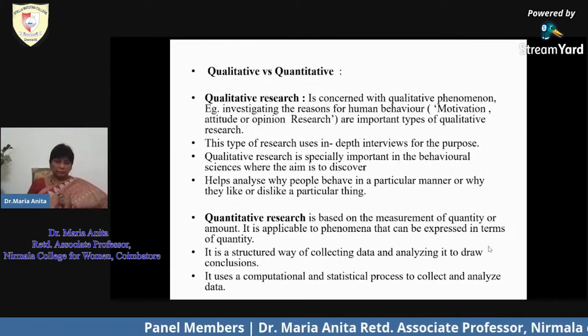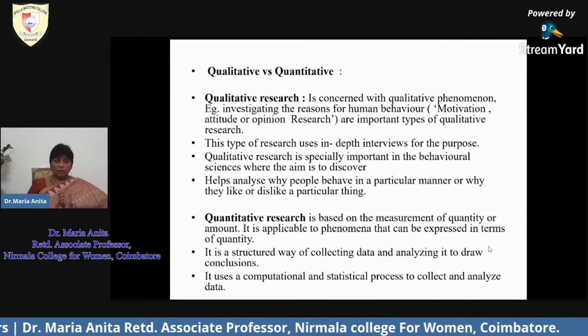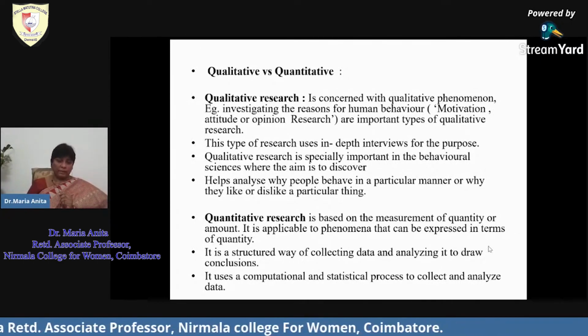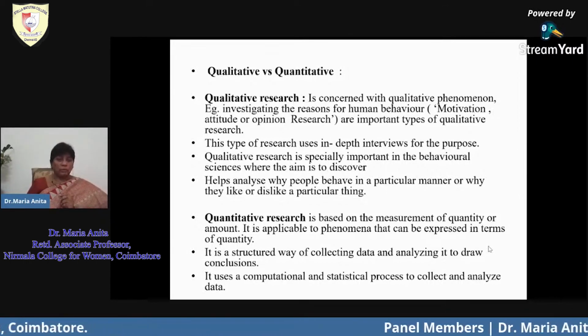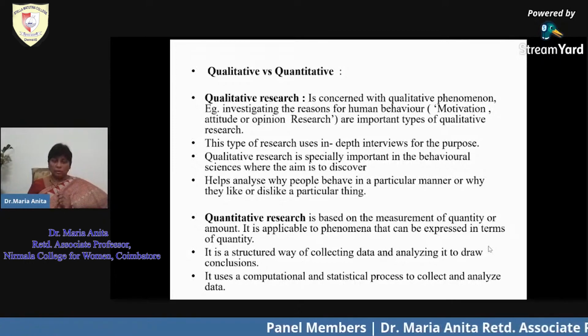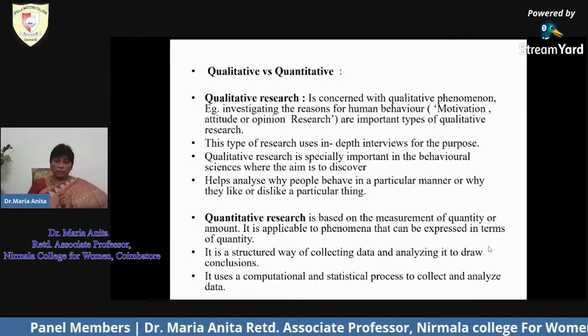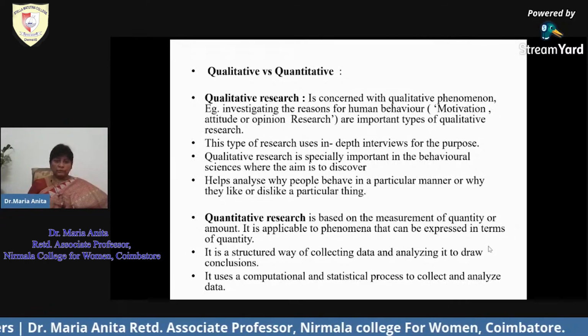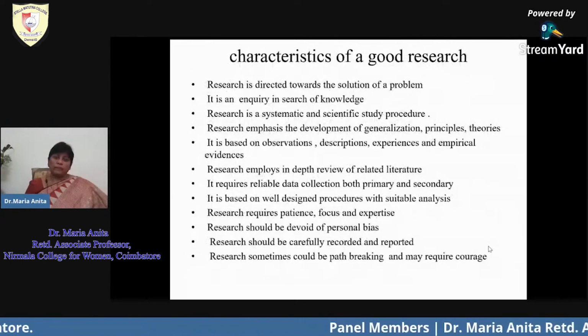It is based on measurements of quantity or amount, and it is always expressed in quantifying. We use certain tools for testing, and like empirical research, quantitative research also includes a lot of statistical processes, analytical tools, or computational tools used in drawing conclusions.